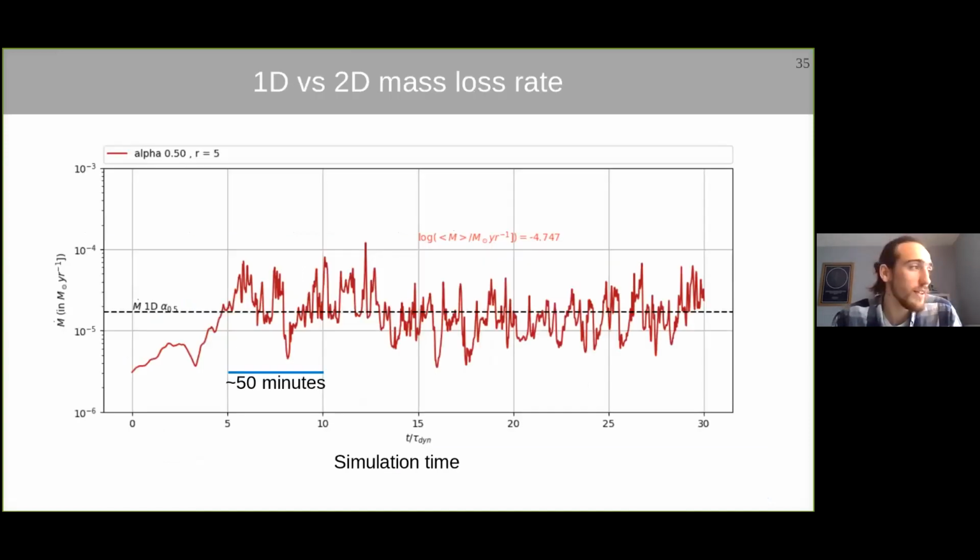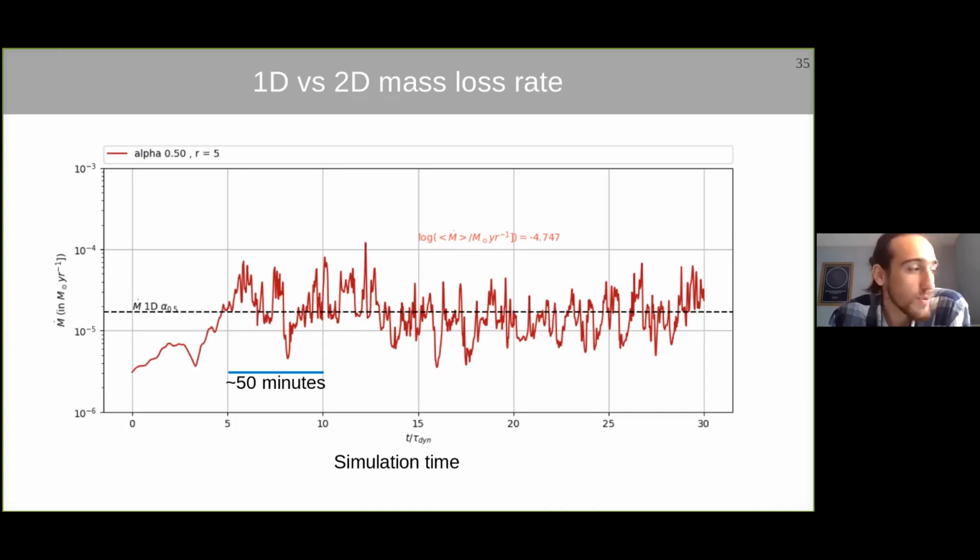And then another nice result that we get from these 2D simulations is that we can, as a function of time, track the mass loss rate, and also the variation in the mass loss rate. Here you see the total mass flux through the outer boundary of the simulation plotted as a function of time. And we compare this to the mass loss that we get from a 1D steady state model in the black dotted line. And we see that actually the mass loss rates are very, very similar. So that's a nice confirmation of our model.